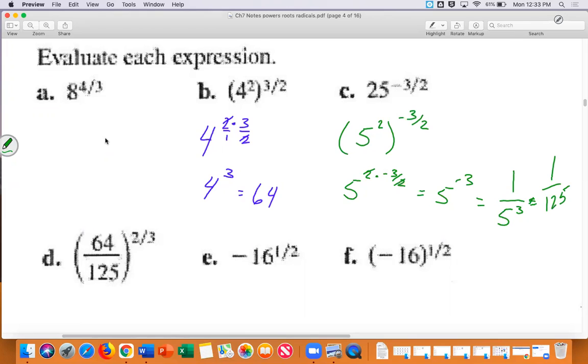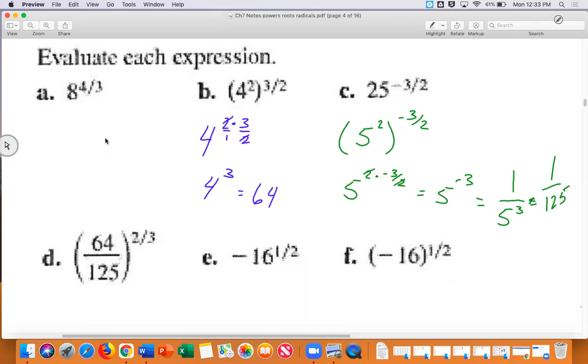So being able to go back and forth between these forms is helpful. It allows me to compute large numbers fairly easily, or seemingly scary things pretty quickly.